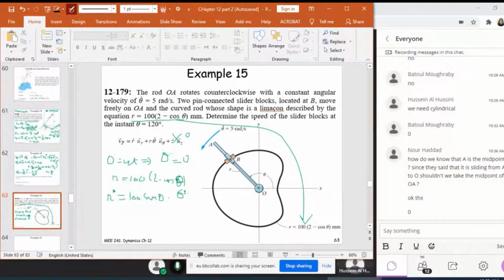So now I know that v directly is equal to r dot, which is 100 sine theta theta dot u_r, plus r theta dot, which is 100(2 minus cosine theta) theta dot u_theta. Do I miss something? Yes, I missed theta dot.